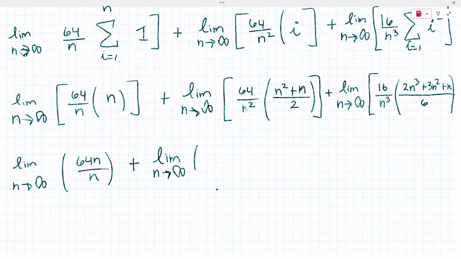When you FOIL 64 over n squared with this, you should get 32n squared plus 32n all over n squared, plus the limit as n approaches infinity.